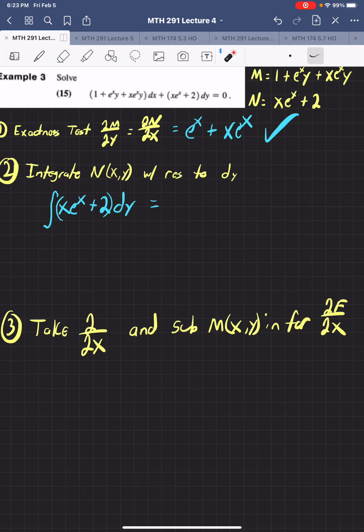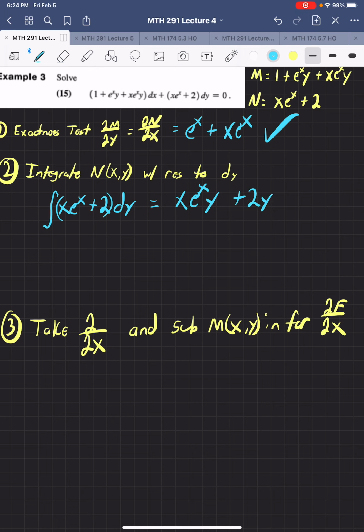So you'll now see why I chose to integrate N. Treating x as a constant, notice that x e to the x is just a constant. Likewise, 2 is just a constant. So if you integrate 2 with respect to y, you just get 2y. If you integrate x e to the x with respect to y, what do we get? Well, we get x e to the x y plus 2y.